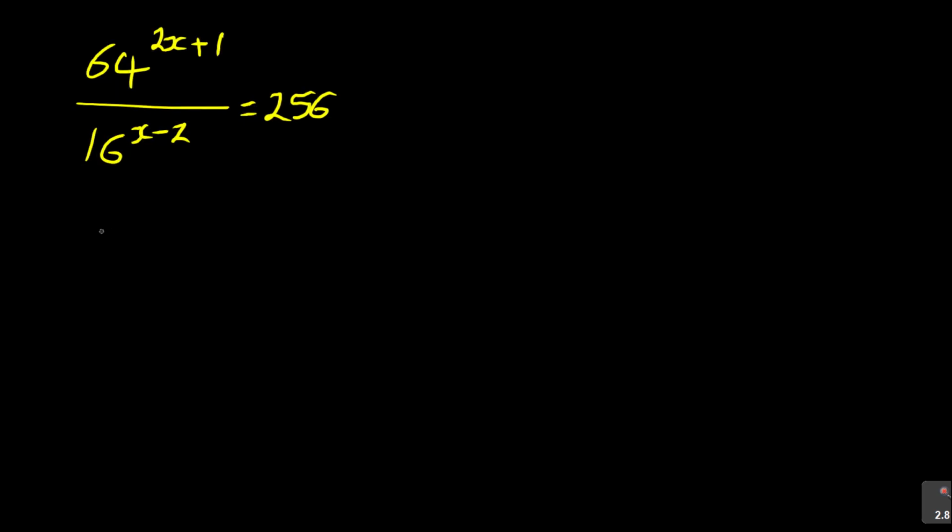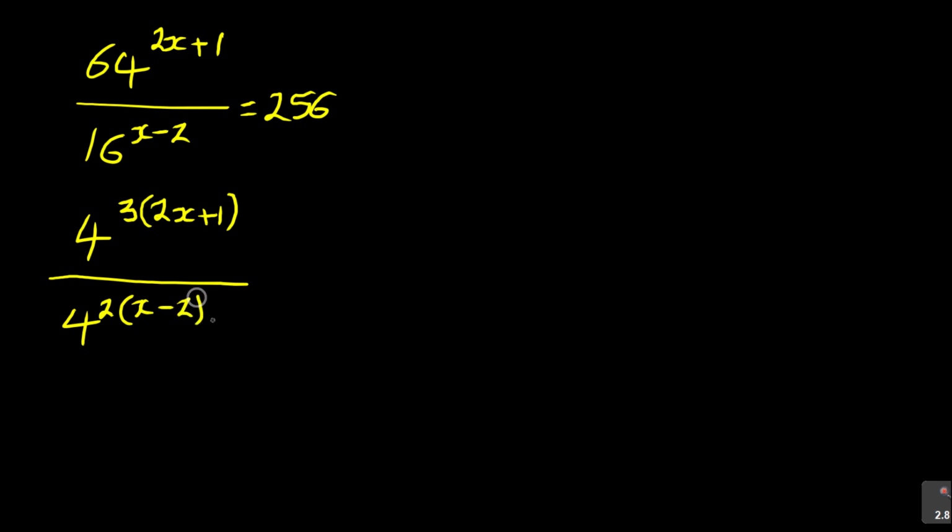Look at this. I can then say 64 is 4 to the power of 3. But now, how to write 2x plus 1? You open a bracket and you say 2x plus 1. That's how you write that, so that the 3 is the one multiplying over. 16 becomes 4 squared. Again, open a bracket, x minus 2. You see how you do that?